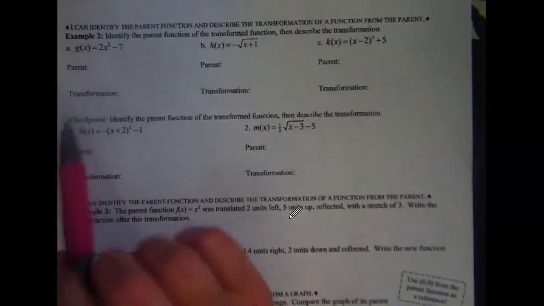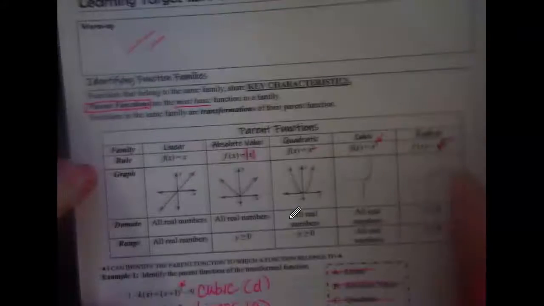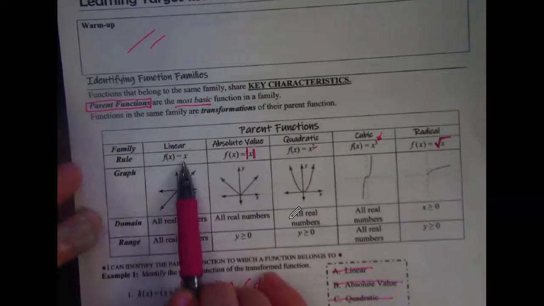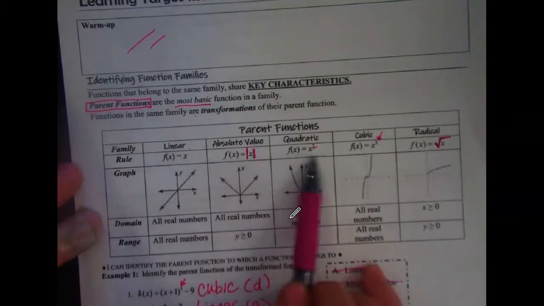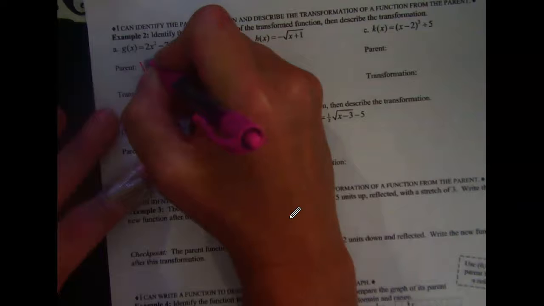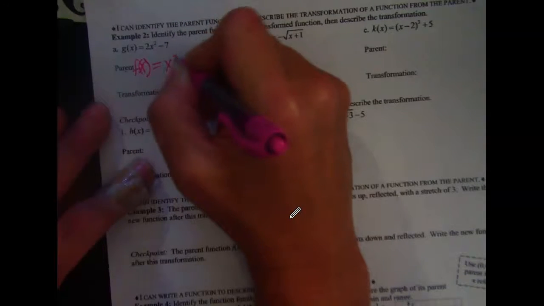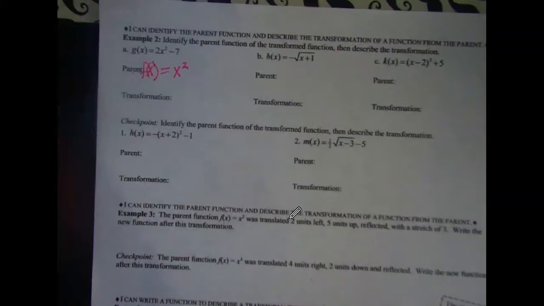There's a little 2, which means if we go back to our front notes page, which one's the parent function that's squared, has the little 2 right here. So it's f of x equals x squared. That's all we do for the parent function. So f of x equals x squared. Okay? That is what we're going to do when we write the parent function. Just use that chart on the front.